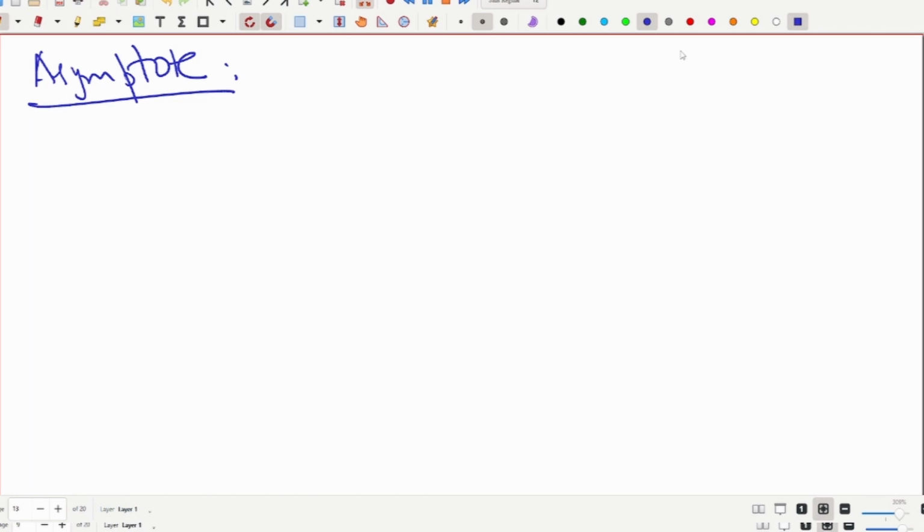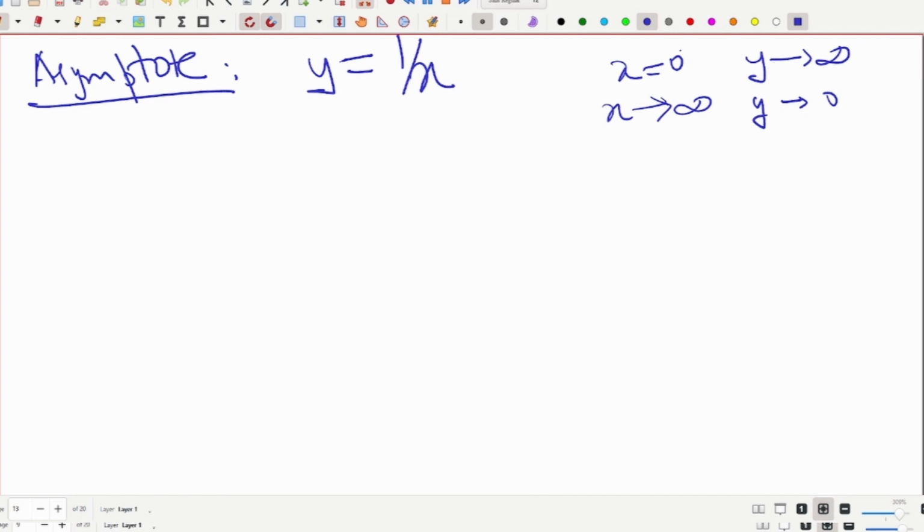Suppose I am drawing a graph y is equal to 1 by x. Now, what happens when x is 0? y is infinity, and when x is infinity, y is 0.